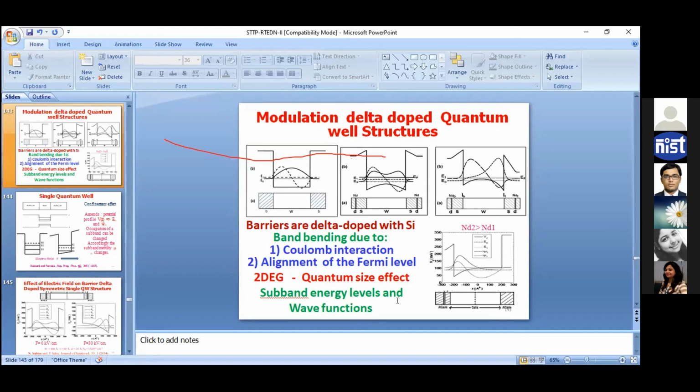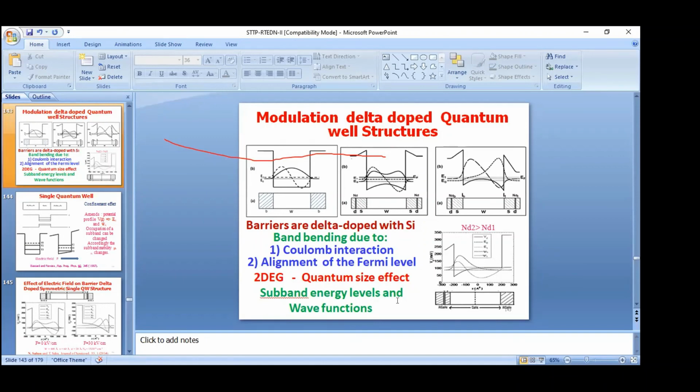Starting from heavy hole to light hole, then intra-subband, and then hybrid quantum structure, he explained all these things from the undergraduate level to the research level, even the postdoc level.